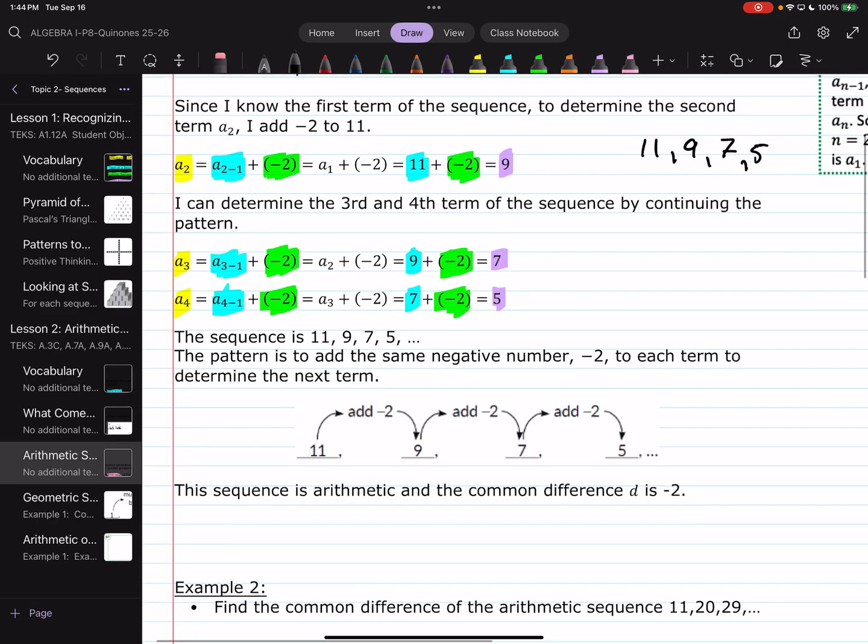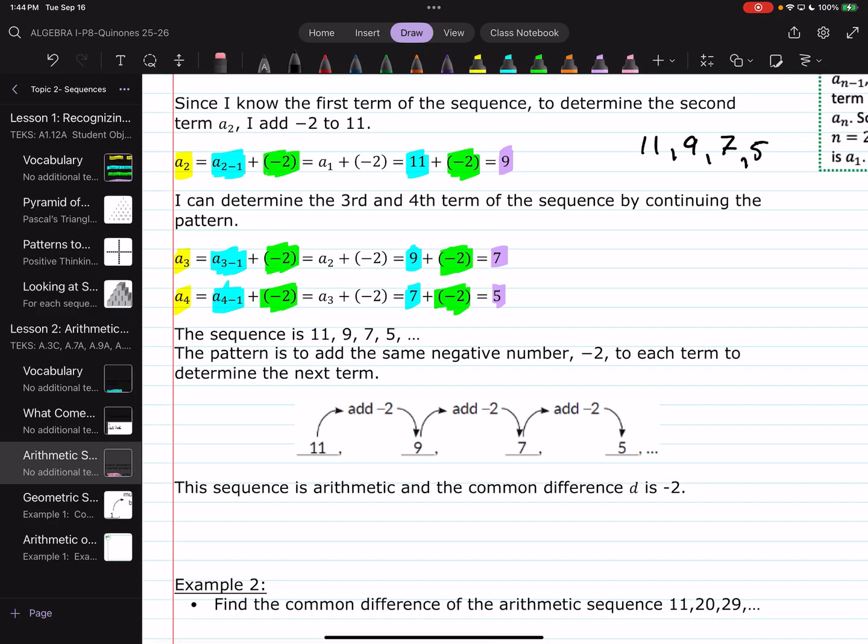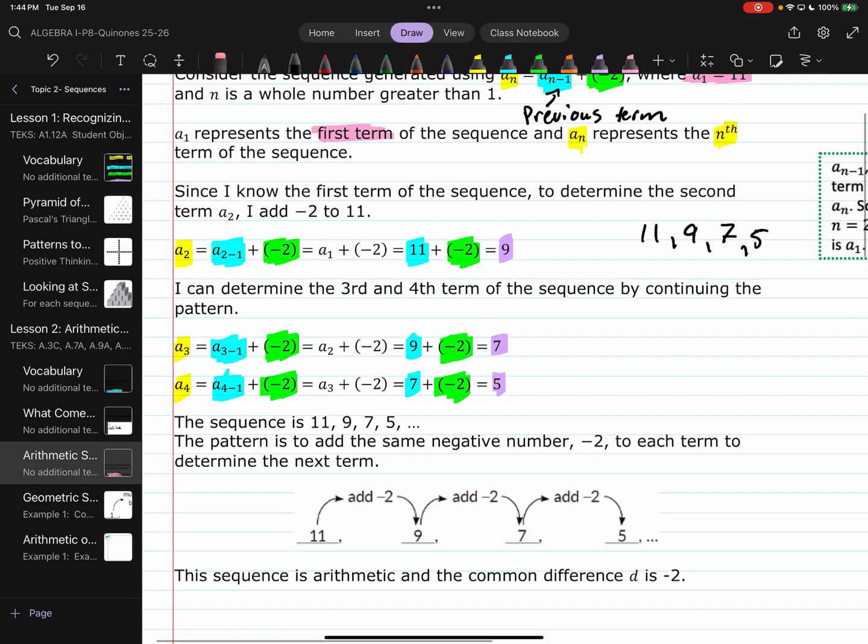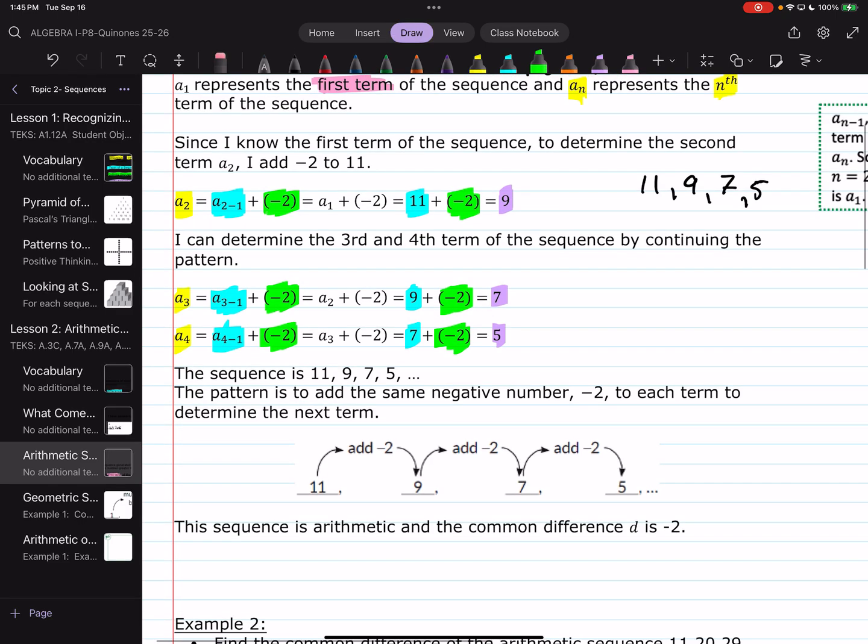So for this sequence, all we've done is we've gone from 11, we've added -2 to get to 9, added -2, added -2. So then we can say that our common difference is -2. This is a worked through example on how arithmetic sequences work.